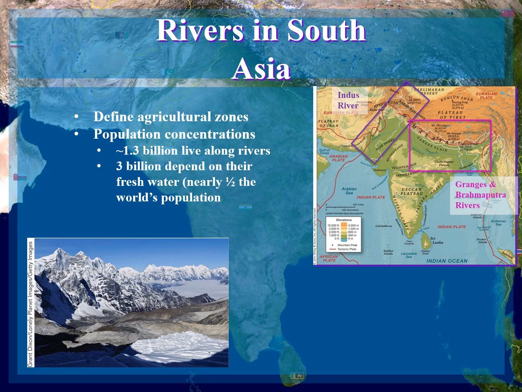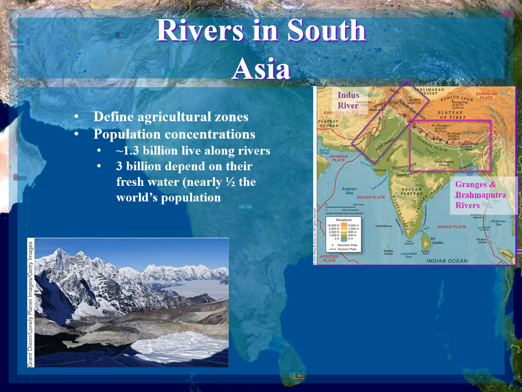All right, so in terms of our rivers in South Asia, this is highly important for life in this region. So again, these are where we find agriculture, just like when we talked about our Nile River, people concentrated around the Nile River. That was where we found agricultural zones. But more importantly for this area is population concentration.